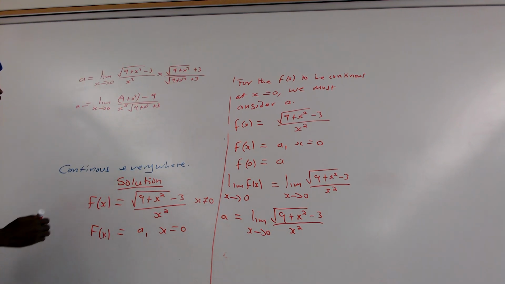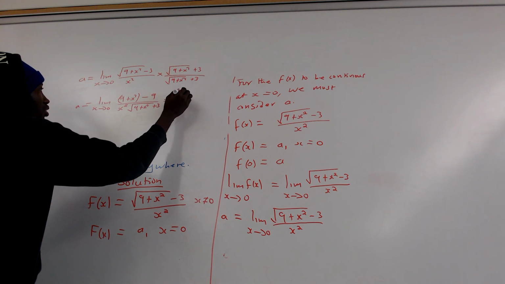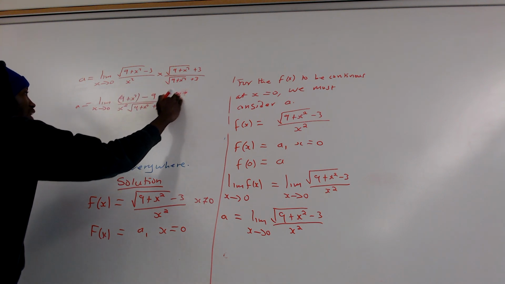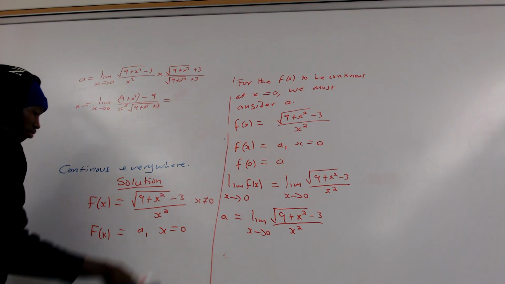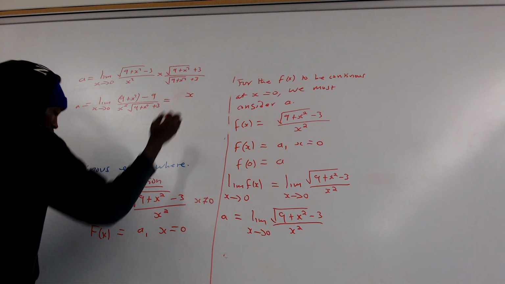If we further simplify this, the plus 9 and minus 9 will cancel out, so this is going to be x squared.